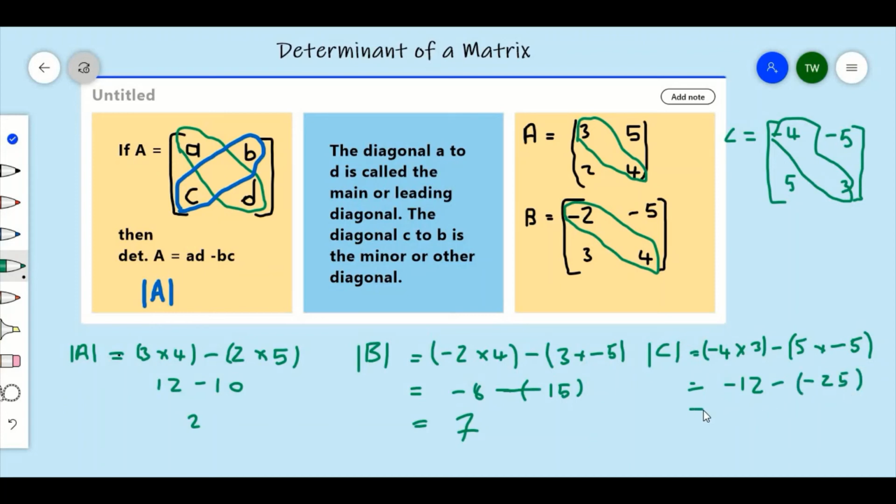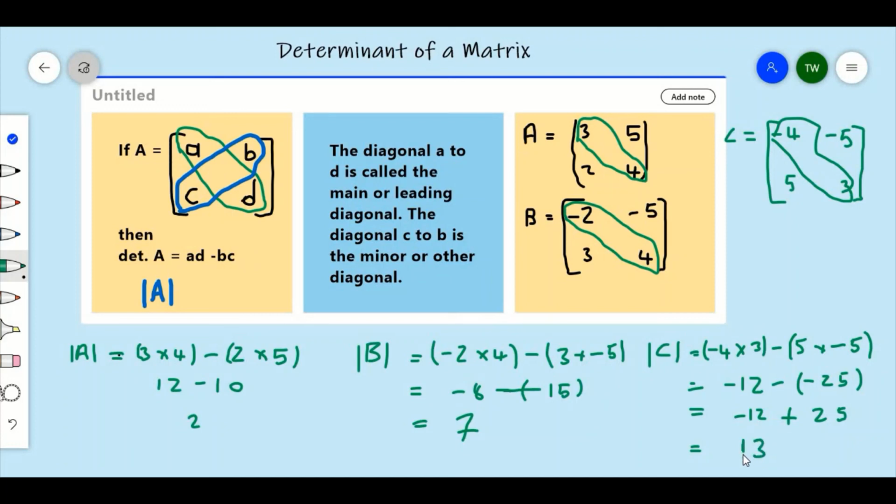Here, we can go another step to say this is going to be negative 12. And negative times negative here is going to give us one sign, which is the plus sign, 25. Now what we have is negative 12 plus 25, and that's going to give us positive 13.